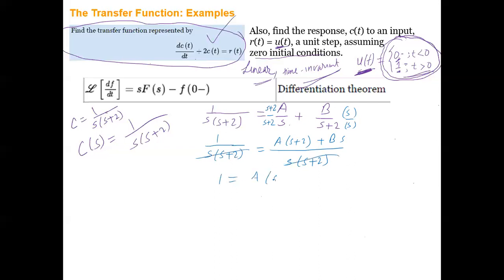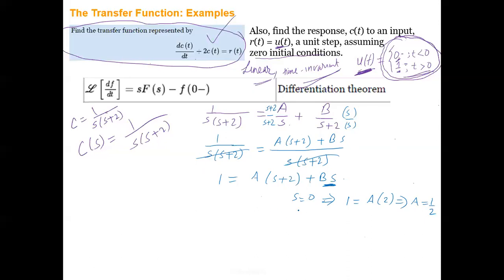So 1 equals A(s plus 2) plus B times s. Now you need to figure out A and B. Put s equals 0, then this term is gone. This implies 1 equals A times 2, so A equals 1 over 2.